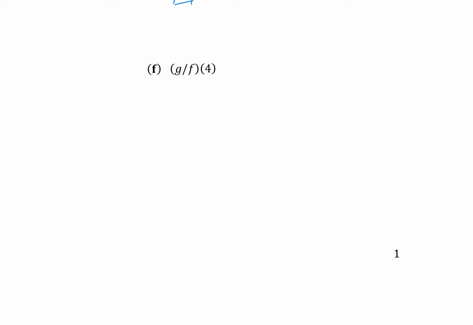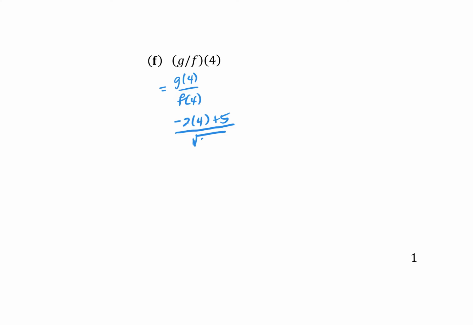Last one before we move on, g divided by f, so order matters. That would be equal to g(4) divided by f(4). And g(4) is negative 2 times 4 plus 5. f is the square root of 4 minus 4.